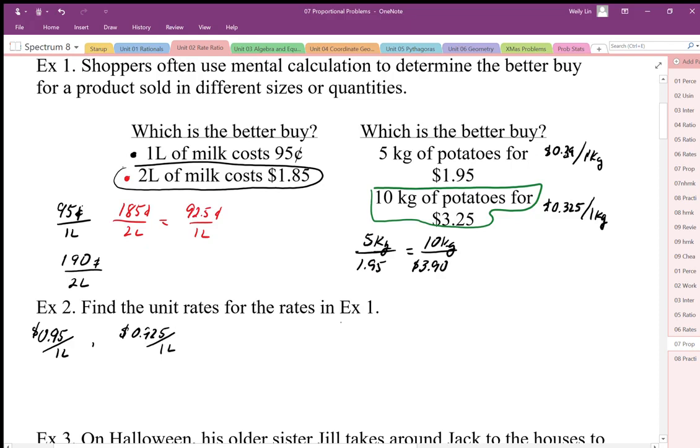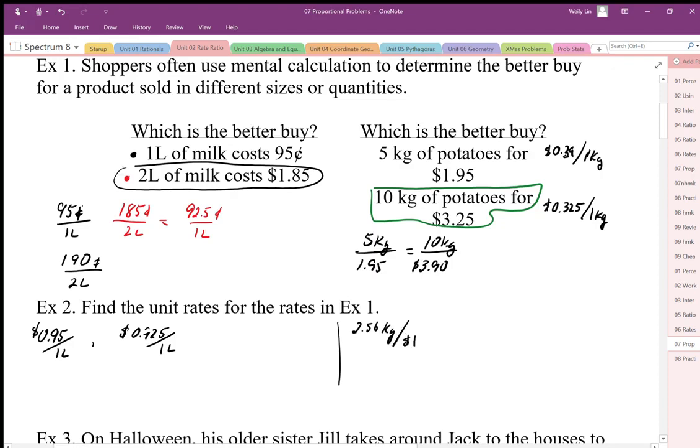Over here, when we talk about the unit rates, we can do the 1 kilogram rate. We could also do the $1 rate, but I'm just going to leave it as the 1 kilogram rate here. Actually, let's do the $1 rate, just so that we can do it both ways. So I'm going to divide 5 kilograms by $1.95, and so I get 2.56 kilograms per dollar.